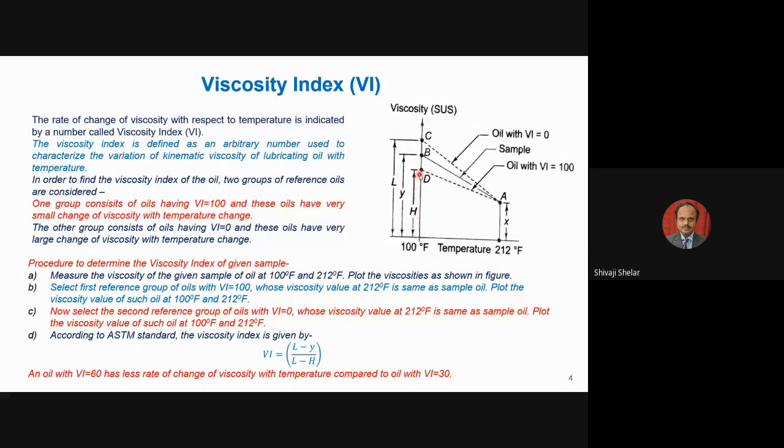H is the viscosity value at 100 degrees for viscosity index 100. So since we are having triangles here, we are using the similarity concept in triangles, and based on this VI can be calculated, provided your starting point A remains same for all three lines.